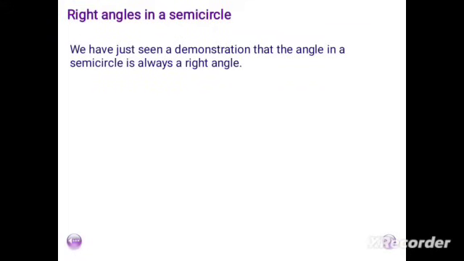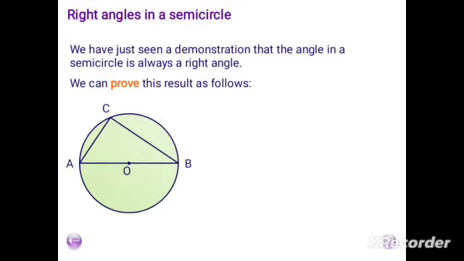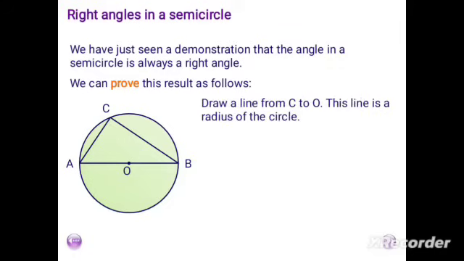Now we want to prove that concept. We have just seen a demonstration that the angle in a semicircle is a right angle. Now we can prove this result as follows.